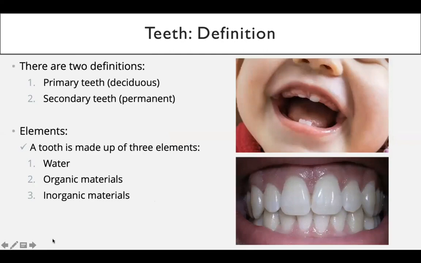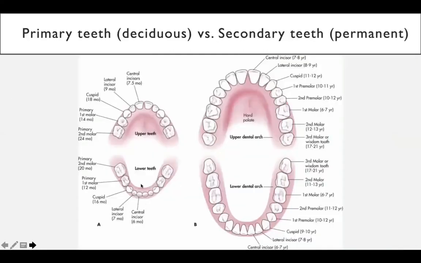The lower start first at 6 months, followed by the others, and from the medial side to the lateral side they come. So at the 20th month, the second molars have come, and that makes 10 and 10, 20. Okay, this baby is okay. And now these are the secondary teeth, permanent teeth.